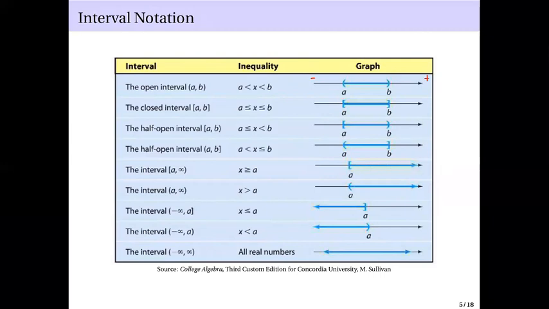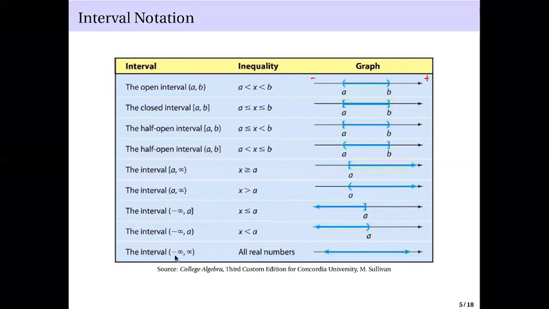Then for the interval negative infinity comma A, including A, it means x less than or equal to A. Graphically, we have the square bracket opening to the left at A, and then the blue ray pointing towards the left, the negative direction.